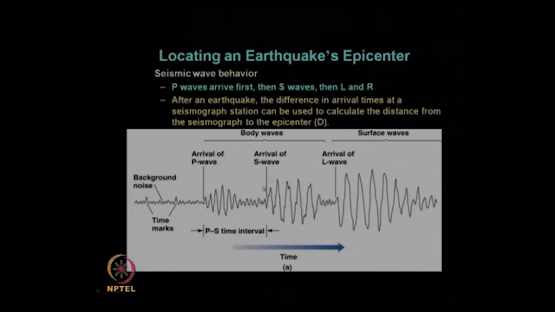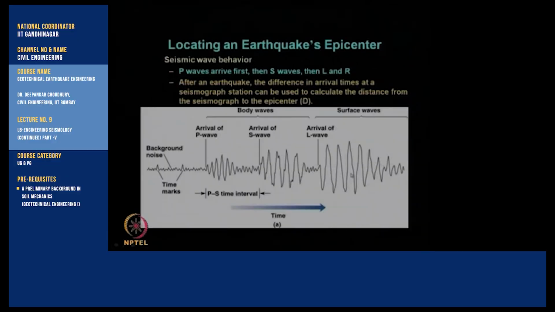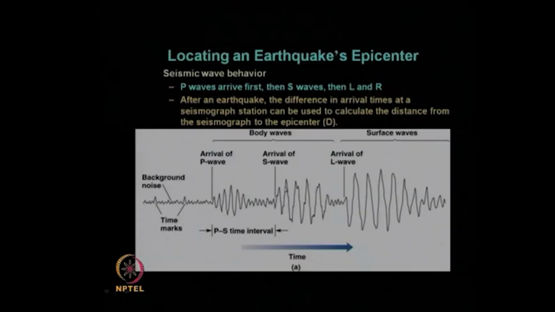If no other movement comes in your seismogram, that means it is in the shadow zone of the S wave, and if it is in the shadow zone of the S wave, automatically no surface wave will come either, because we have seen both Love wave and Rayleigh wave, that is surface waves, are nothing but derivatives of the S wave typically.